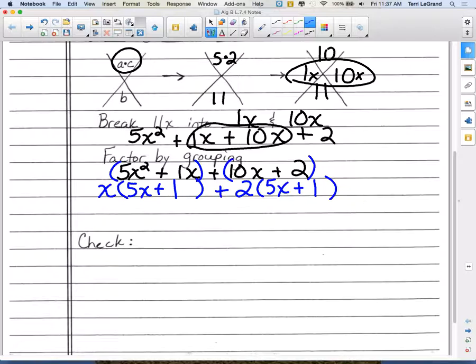Did we accomplish what we wanted? Did we get matching factors? Yeah. Okay, so what is the factor name? The one they have in common is 5x plus 1. The other factor, no plus sign between these, is x plus 2.